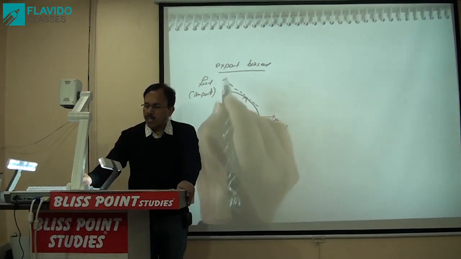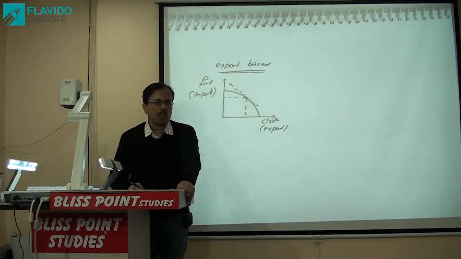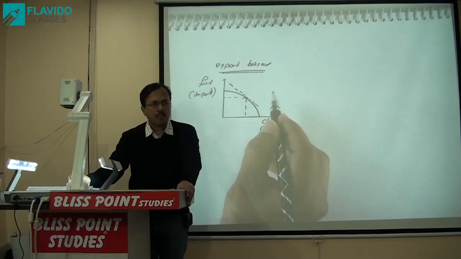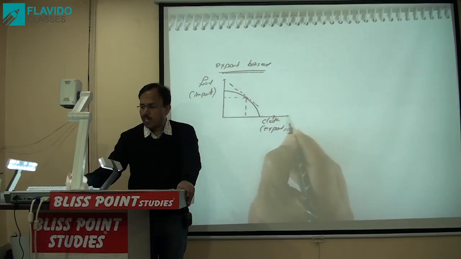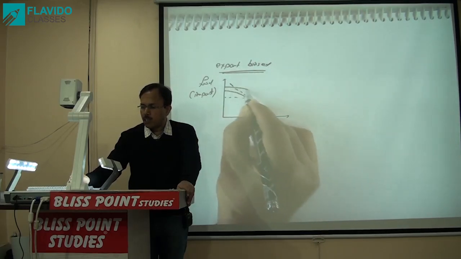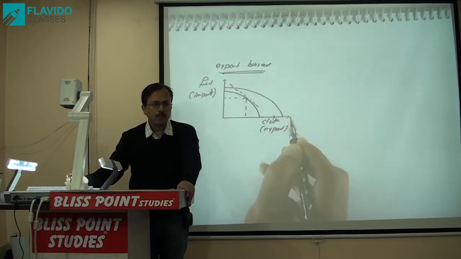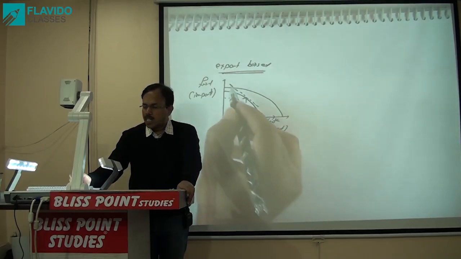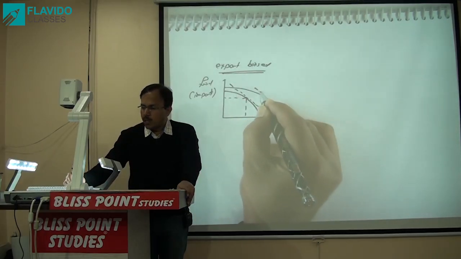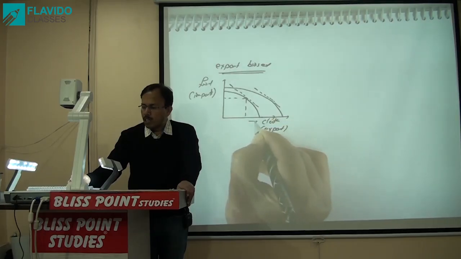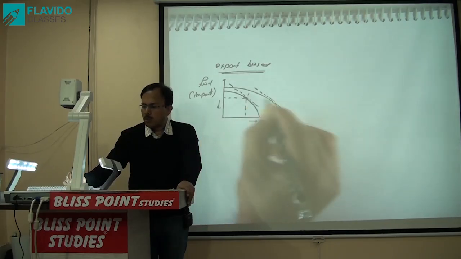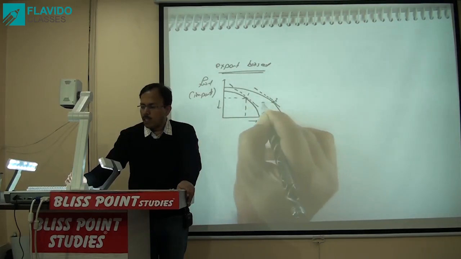Now tell me, if there is export bias growth, what will be the outcome? In the case of export bias growth, this PPF will shift, and it will shift more in the direction of cloth and less in the direction of food. Which means at the same price ratio, the country will now be producing more of cloth and less of food.